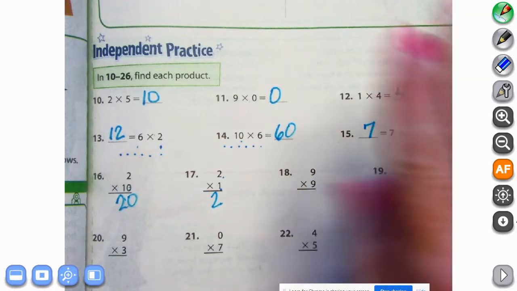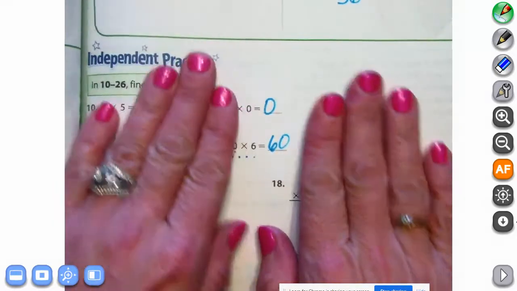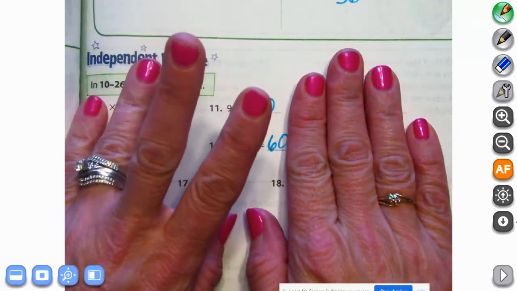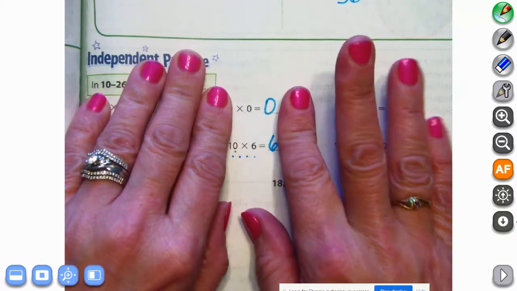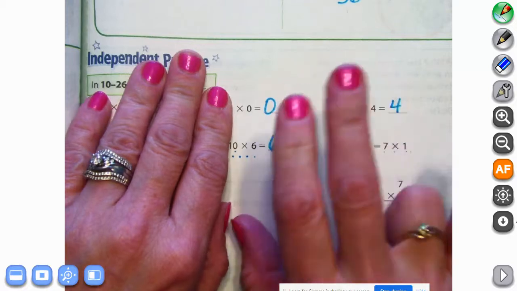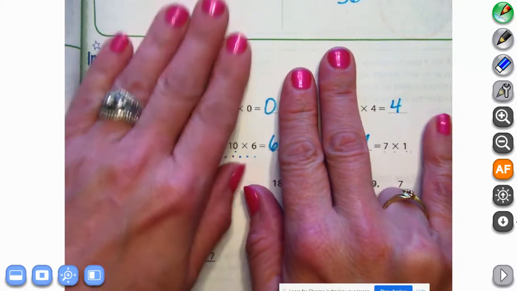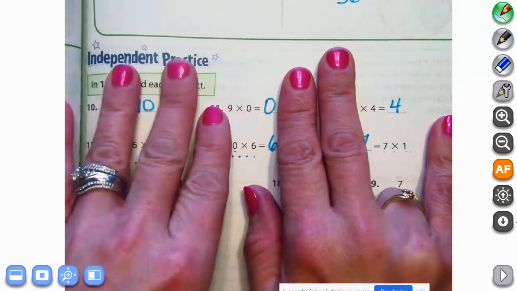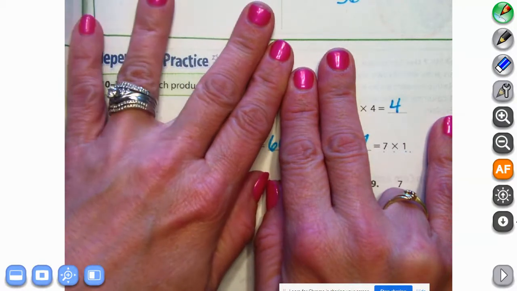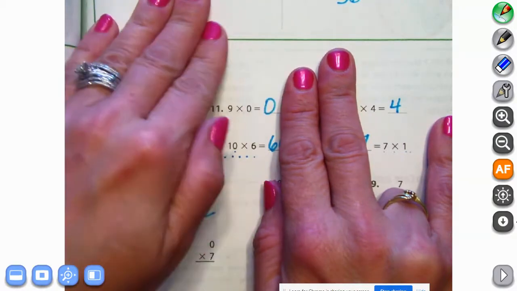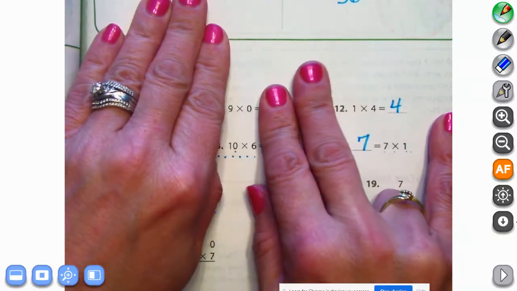9 groups of 9. 1, 2, 3, 4, 5, 6, 7, 8, 9. Put the 9th one down. Now we're going to count the ones on this side of it in tens. Pinky starting. 10, 20, 30, 40, 50, 60, 70, 80.